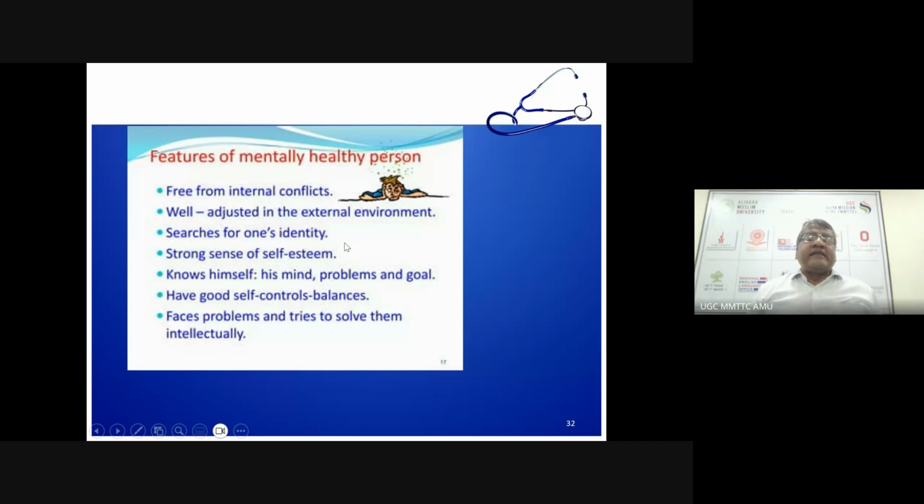The features of a mentally healthy person. If the person is mentally healthy, they must be free from internal conflicts. Then we will consider them mentally healthy.